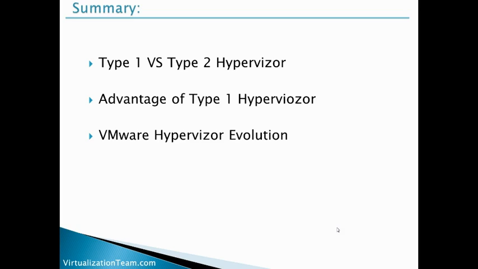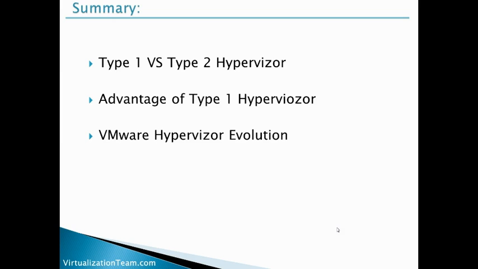Advantages of type 1 hypervisor, as I mentioned: it's more secure because it has a smaller footprint and doesn't require an OS below it, so it's not affected by generic operating system loopholes. It's more reliable, as it doesn't have to account for any unreliability of an operating system sitting below it. It also gives the developer of the hypervisor much more control over the hardware.